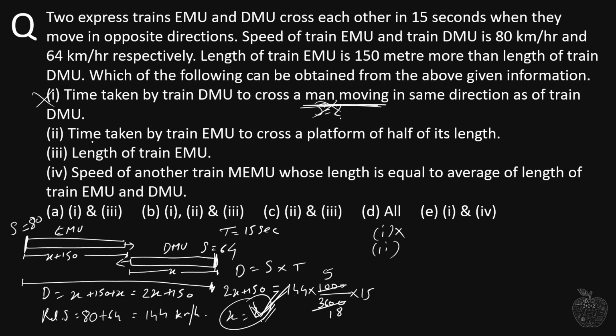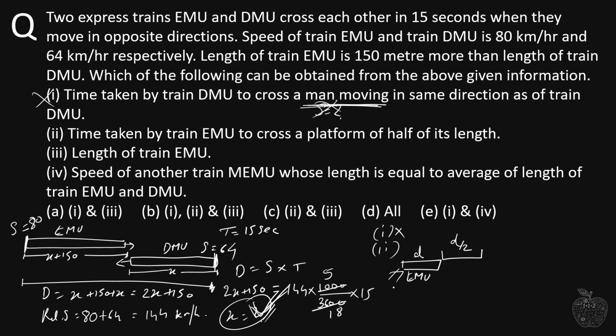Point 2 is the time taken by train EMU to cross a platform half of its length. Now this is the train EMU. We can calculate the value of x, which means we'll get the length of this train. And this is the platform, which is half of its length. So if this is distance d, this will be d by 2, and we have to calculate the time taken.